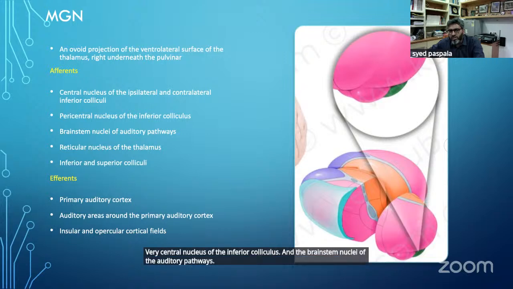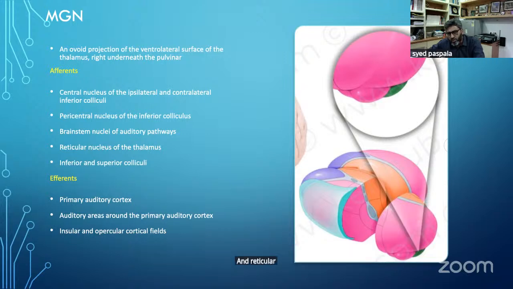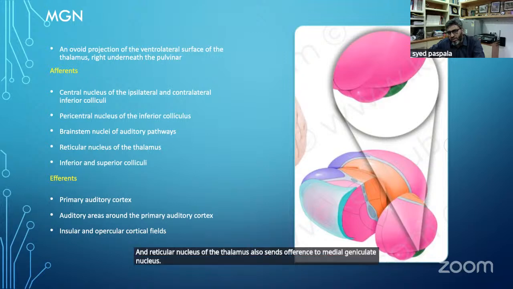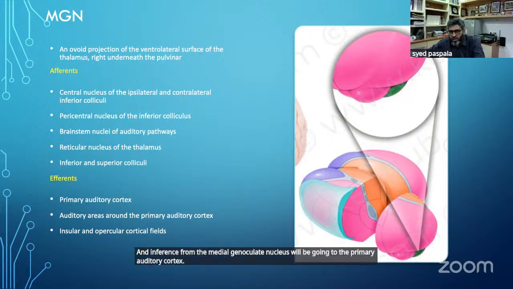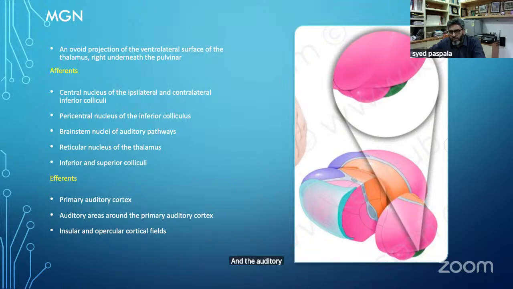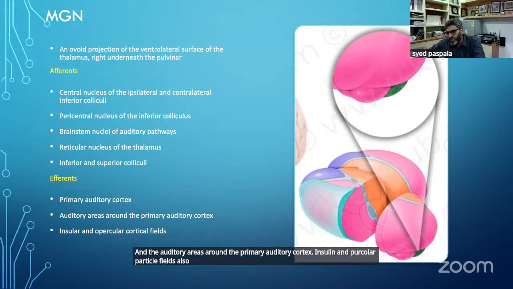The reticular nucleus of the thalamus also sends afferents to the medial geniculate nucleus, and the inferior and superior colliculi intercommunicate with each other. Efferents from the medial geniculate nucleus will be going to the primary auditory cortex and auditory areas around it. Insular and opercular cortical fields also receive efferents from the medial geniculate nucleus.